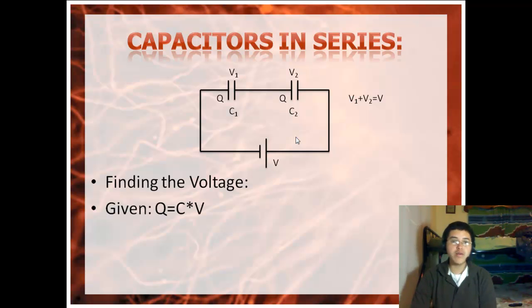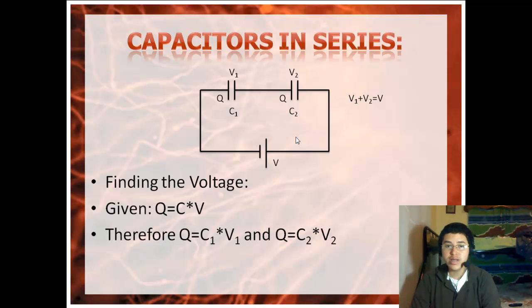Since we know already that the charge equals the capacitance times the voltage, we can say that the charge also equals the first capacitance times the first voltage, and for the second capacitor, the charge equals the second capacitance times the second voltage.